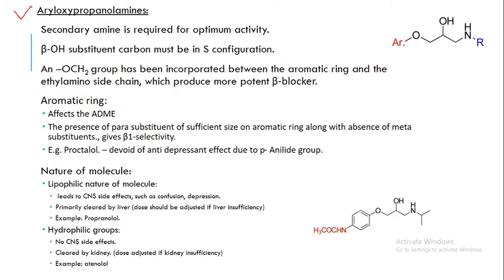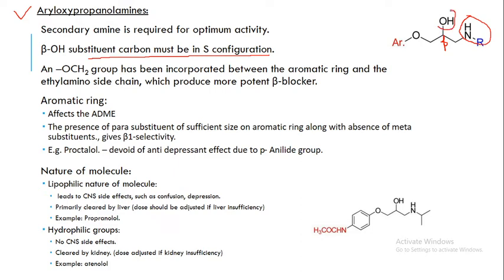Next is the SAR of the propanolamines. The amine is secondary, which is required for optimum activity. This is the alpha carbon and this is the beta carbon, where the beta hydroxy substituent carbon must be in S configuration.